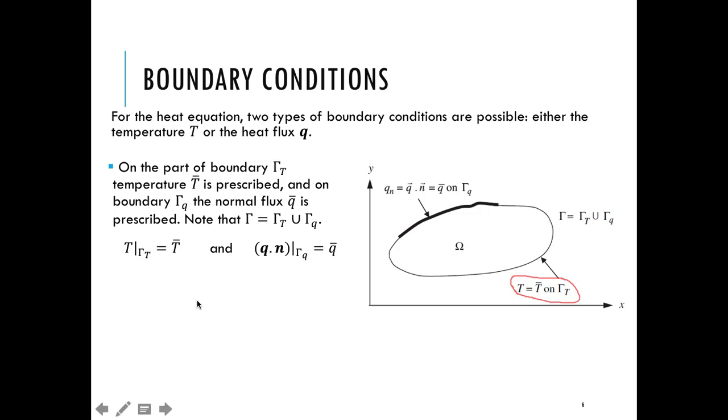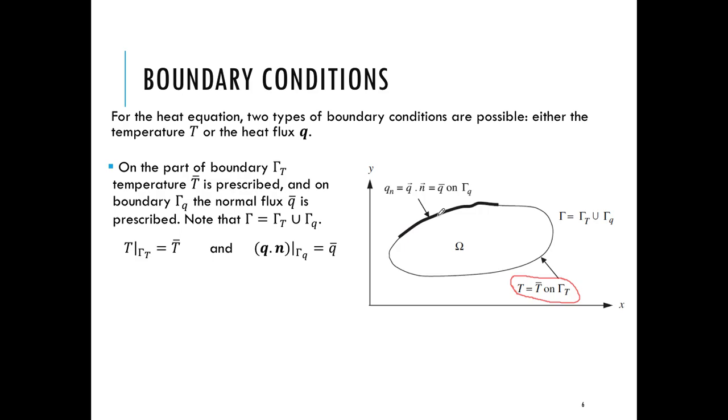Okay, please note that as always, over our entire boundary either the essential boundary condition or the natural boundary condition will be given, such that any one part of the boundary will only be part of either the essential or the natural boundary.